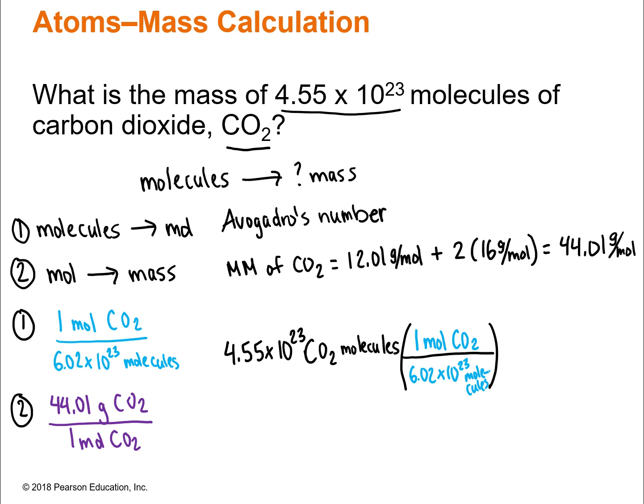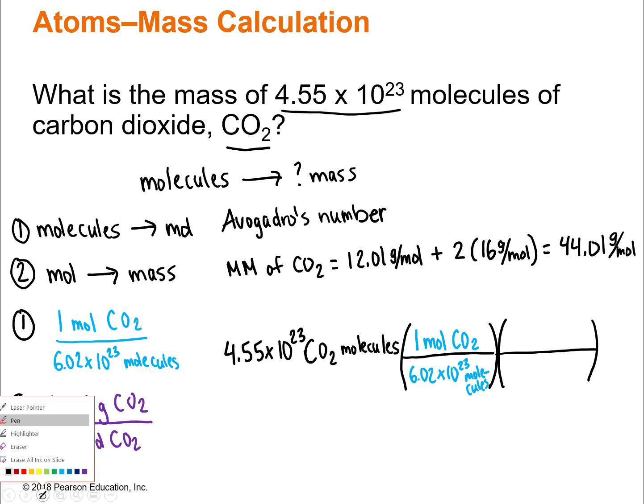The number of moles of carbon in 4.55 times 10 to the 23rd atoms of carbon is the same as the number of moles of CO2 for 4.55 times 10 to the 23rd molecules of CO2. So that's exactly the same. What's different is the molar mass.